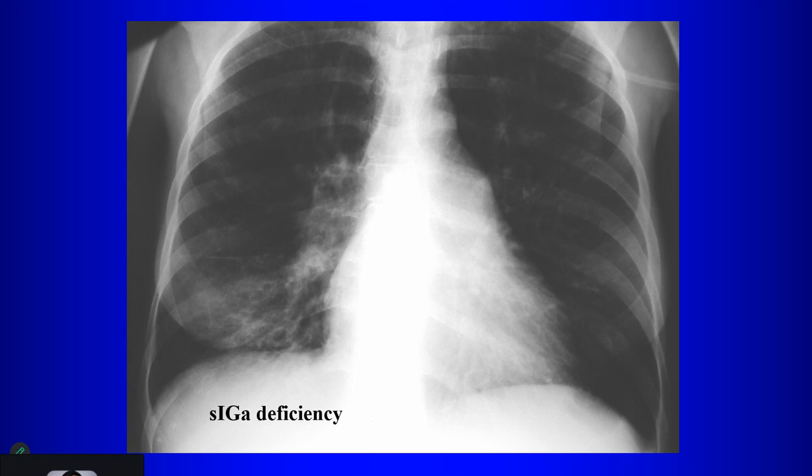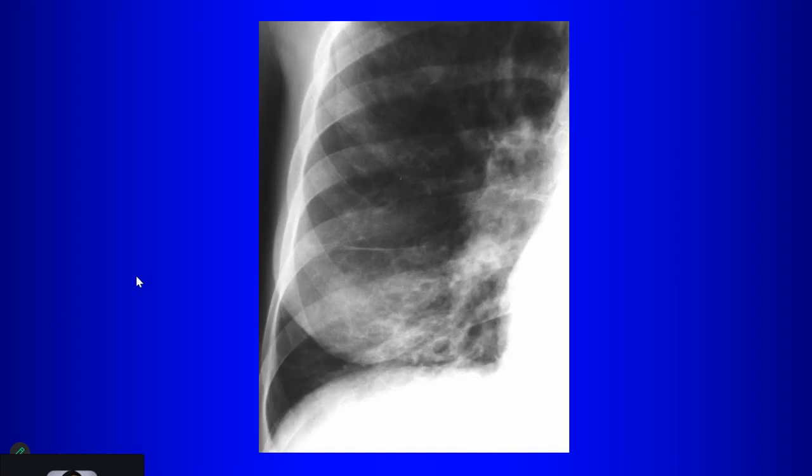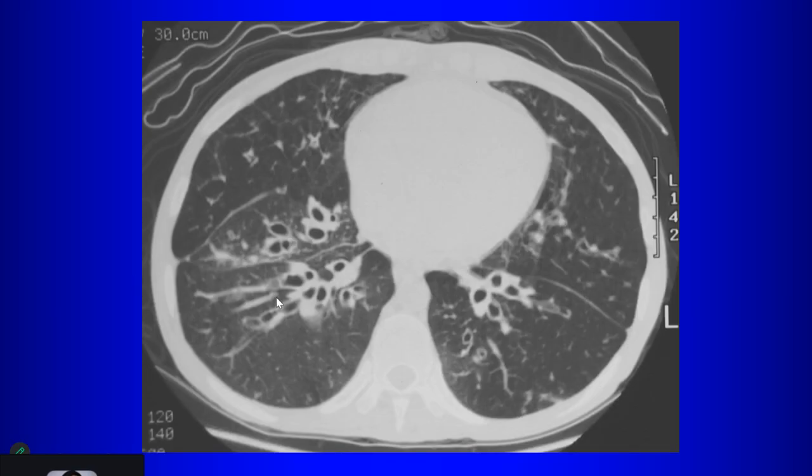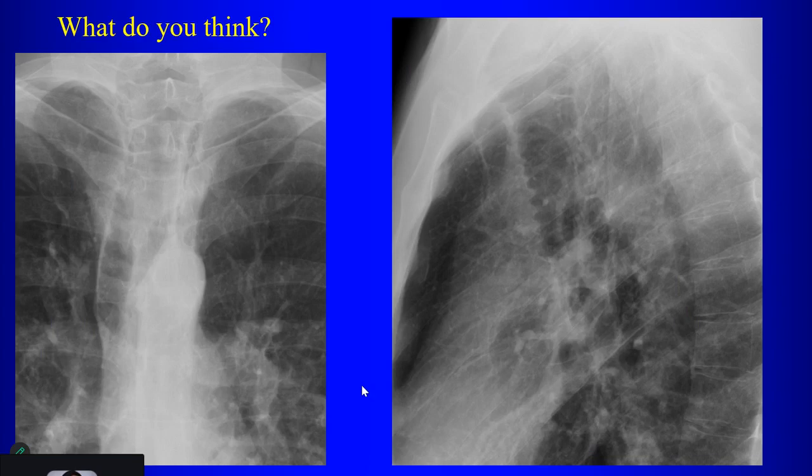So also in your differential for bronchiectasis in somebody who's having recurrent infections: underlying immunodeficiency, immotile cilia syndrome, chronic aspiration, these are the things that you might consider. Okay? So again, the tram tracking here in the lower lung from bronchiectasis in this particular patient, and you can see the bronchiectasis lower lung distribution from recurrent infections in this patient.